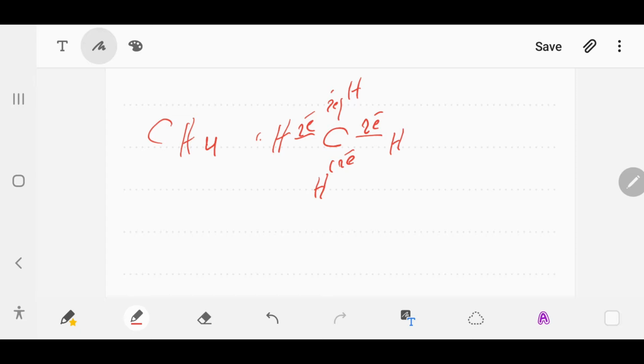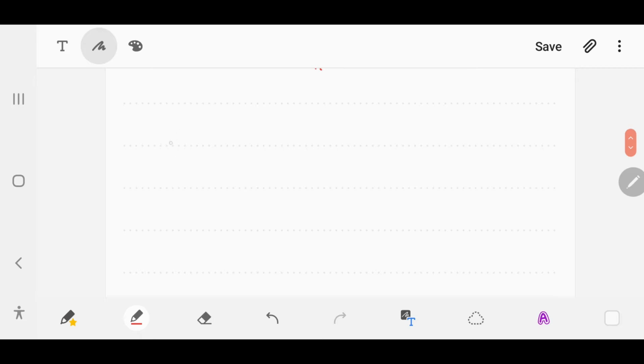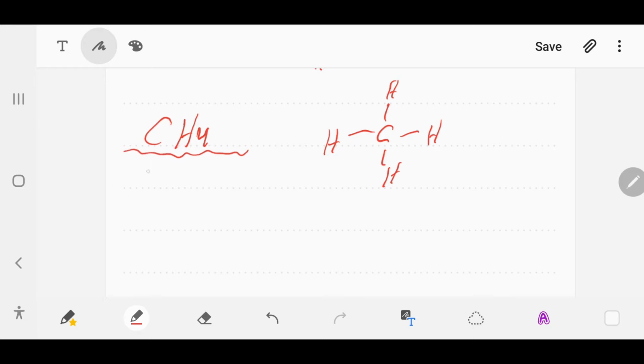Now, we drew before CH4, and C with H, H, H, H. Now this formula is called the molecular formula, as explained in the previous lesson.